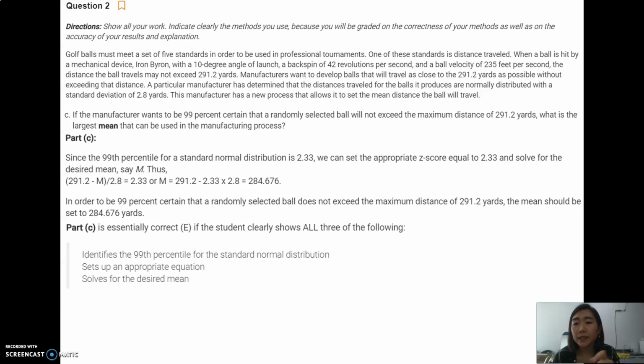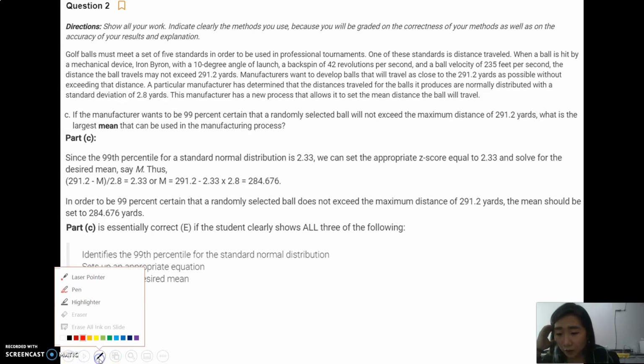Okay, so part C is asking if the manufacturer wants to be 99% certain that a randomly selected ball will not exceed the maximum distance of 291.2 yards, what is the largest mean that can be used in the manufacturing process? So I don't know if the answer is wrong, because I can see why a lot of you solved it the way you did now that I look at the problem.